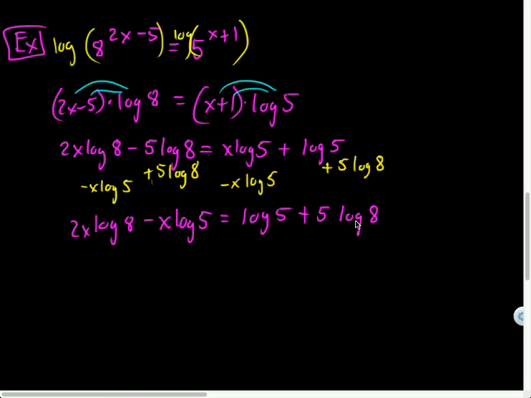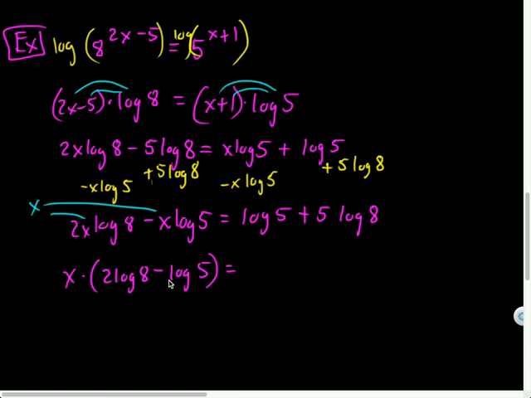And the expressions on the left both have x's in them. A single x. And it turns out what we can do is yoink that x out. And we'll only have one x, which is what we want to get by itself. We're so close. x times 2 log 8 minus log 5 equals this thing.